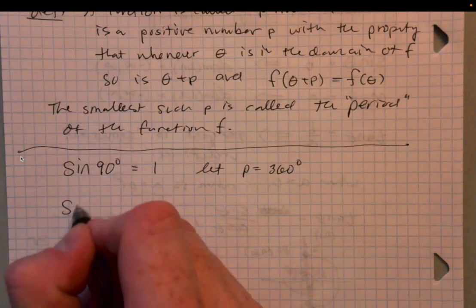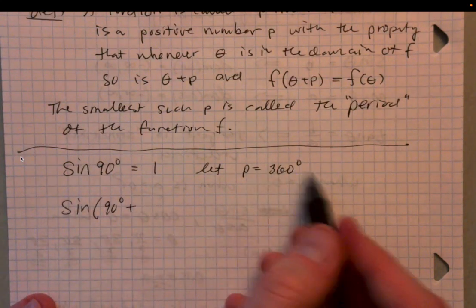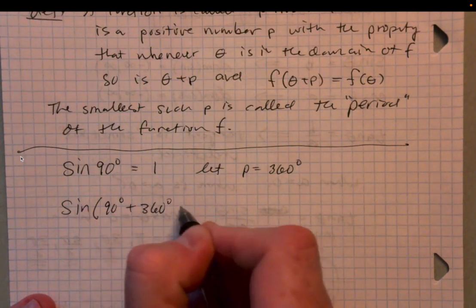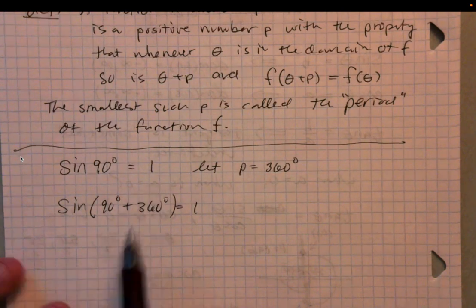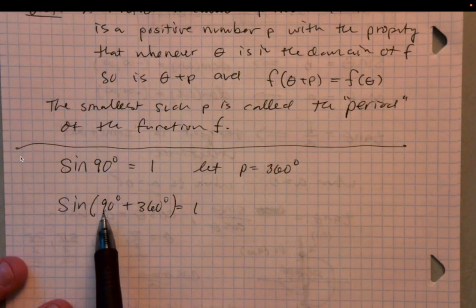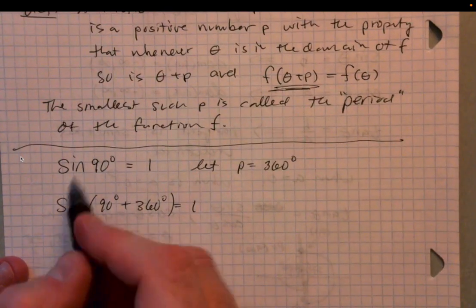Then sine of 90 degrees plus p, in this case 360 degrees, is also equal to 1. So this is your f of theta plus p in the definition, and this is your f of theta.